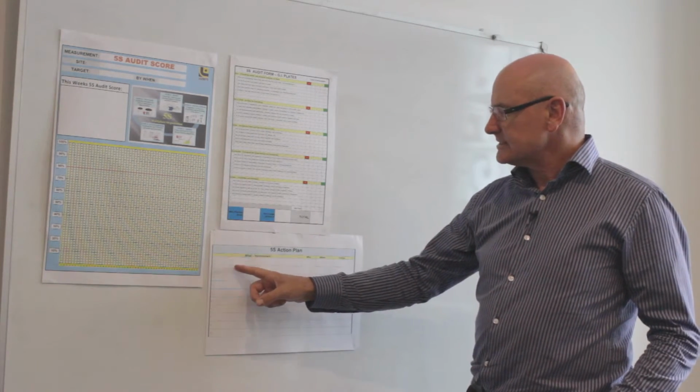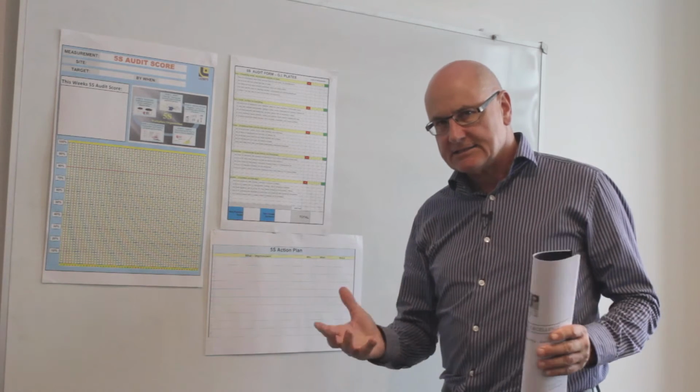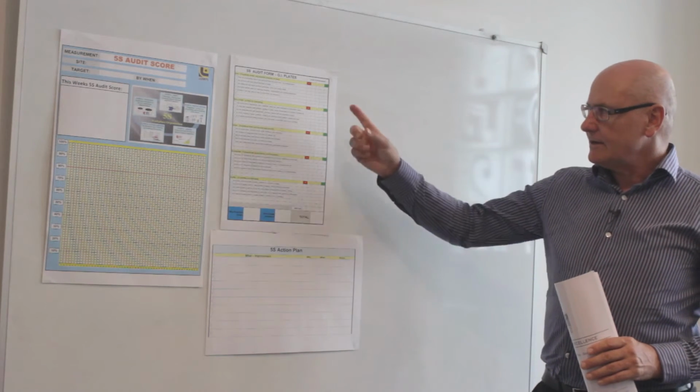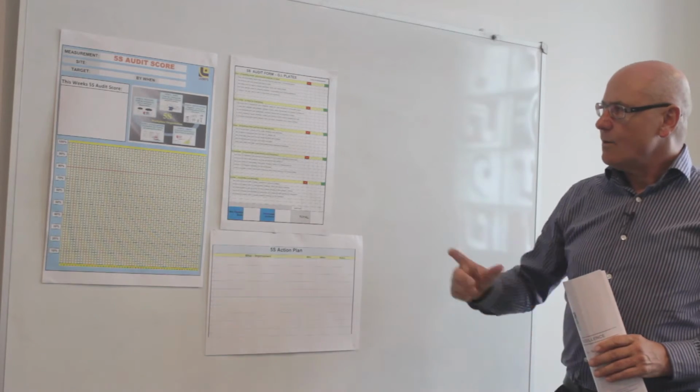The next step is to identify the 5S actions that will take place in order to improve the 5S performance. Naturally that takes place during weekly 5S meetings, where each team goes through their audit scores and identifies one or more areas that they would like to improve.